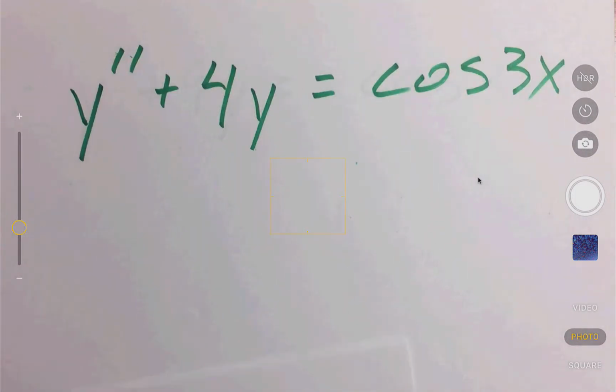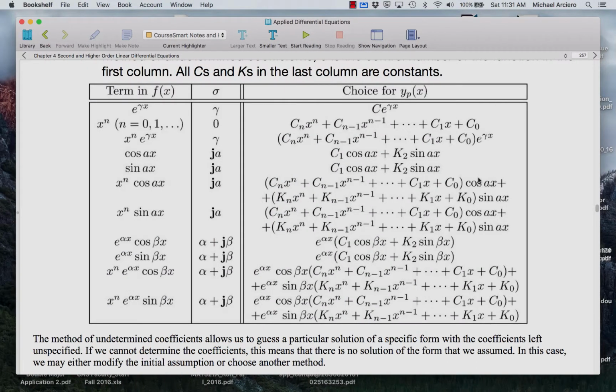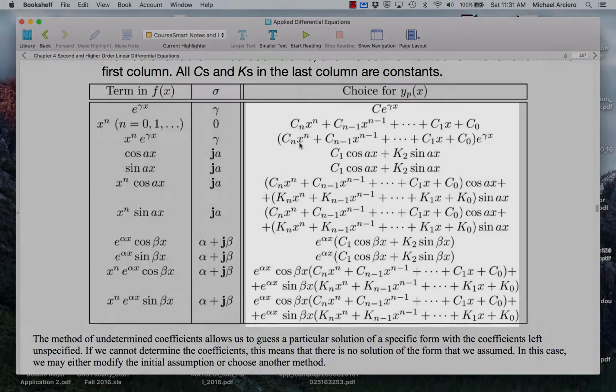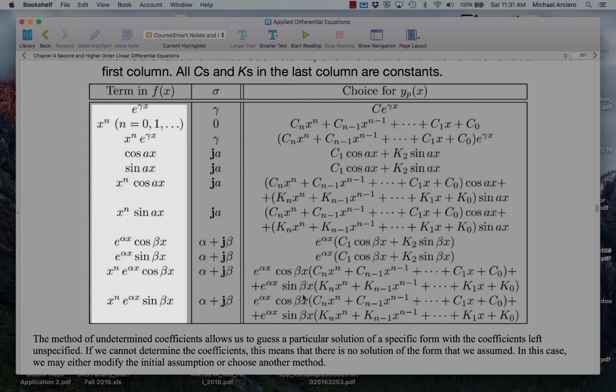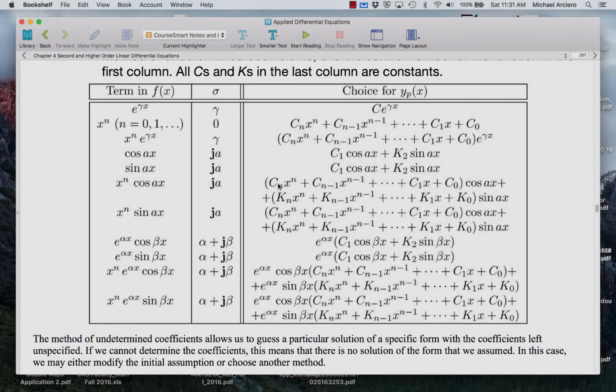Okay, so now to look for a particular solution, we can use the rules in Dobryshkin, which tell us what type of particular solution to look for, which form our particular solution will have based on the forcing function. Depending on whether the forcing function is a solution to our homogeneous equation, we might have to modify the basic rule.